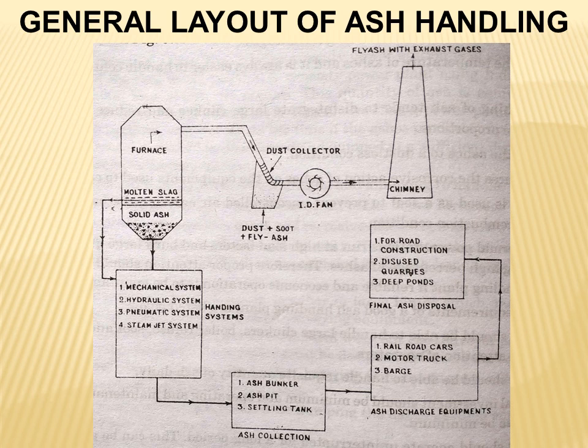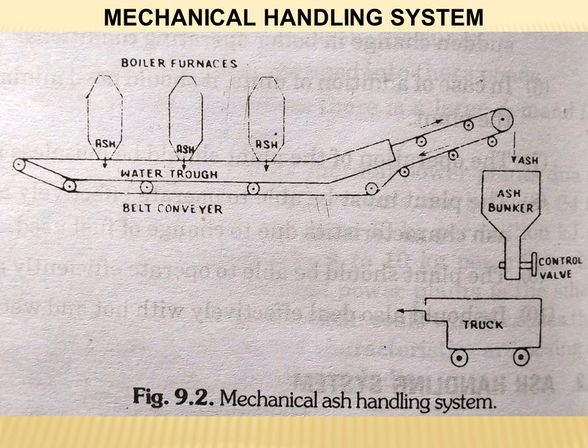The general layout of the components used in a modern ash handling system and dust collection plant is shown in this PPT. It contains four main systems. First is the mechanical handling system, second is the hydraulic system, third is the pneumatic system, and fourth is the steam jet system.